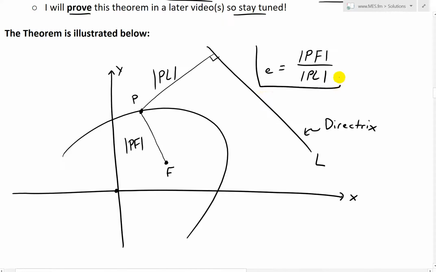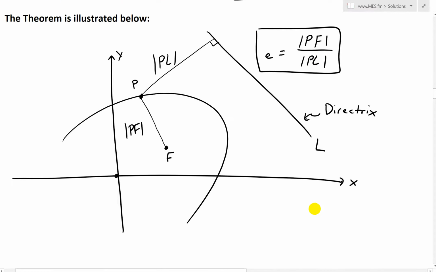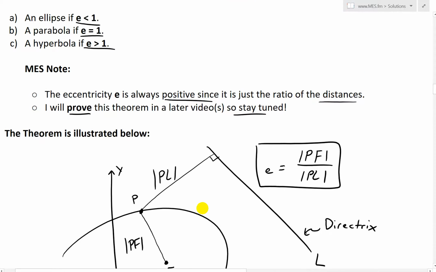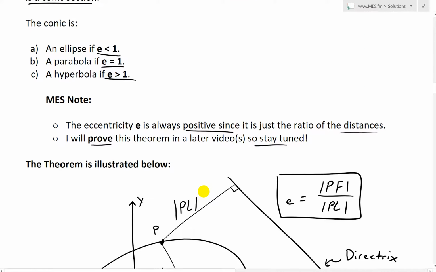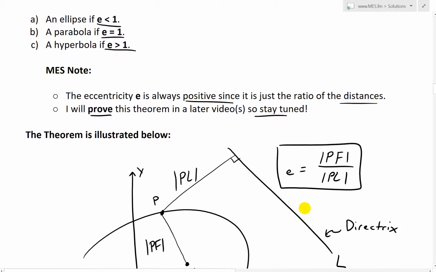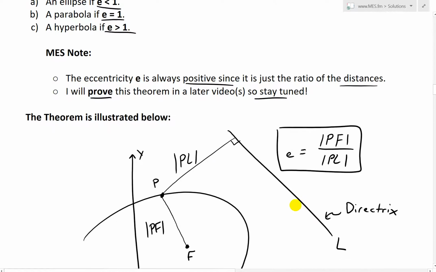And this is basically the theorem. I'll prove in later videos that whenever E is different, it's going to be either a parabola, ellipse, or hyperbola, depending on whether it's less than 1, greater than 1, or equal to 1.